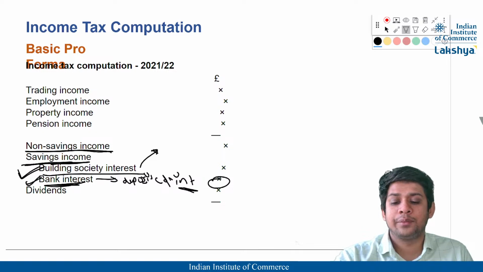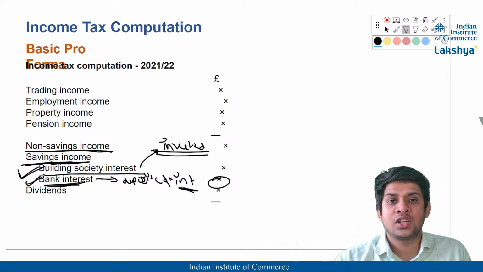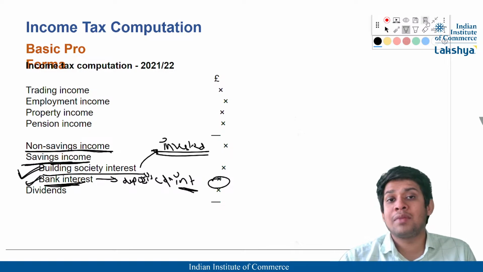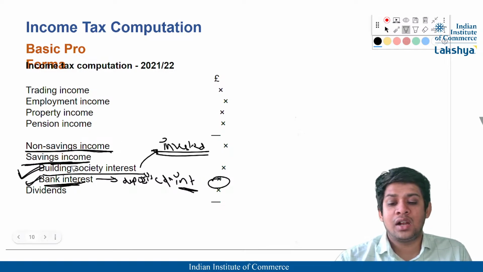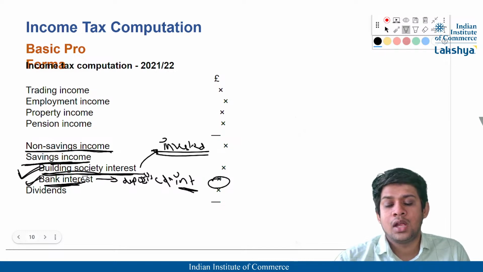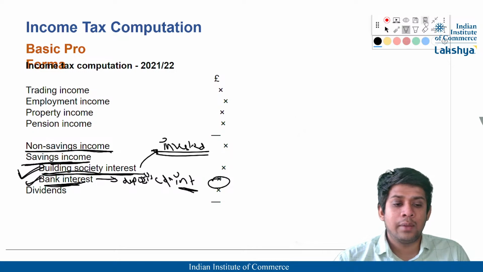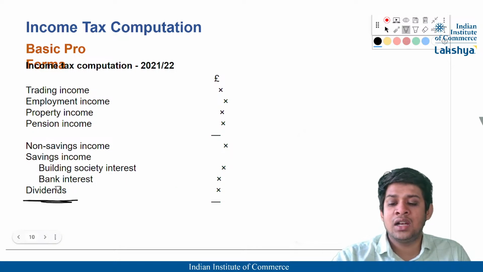Maybe I have invested or deposited a certain amount in a financial institution which is not a bank. Okay, it is a financial institution, but that is not a bank. So any interest that I'm receiving on the investment that I've made will be considered as building society interest. Okay, that will be considered as building society interest, and it will be charged under the head savings income. Okay, and the last head is the dividend income.